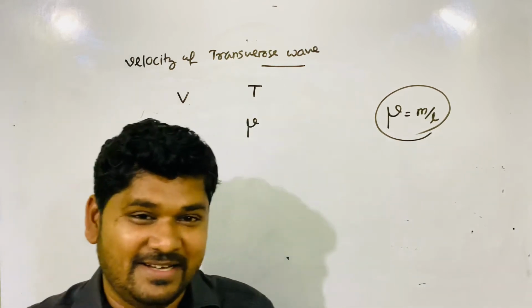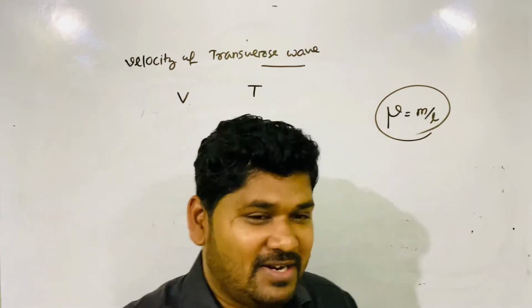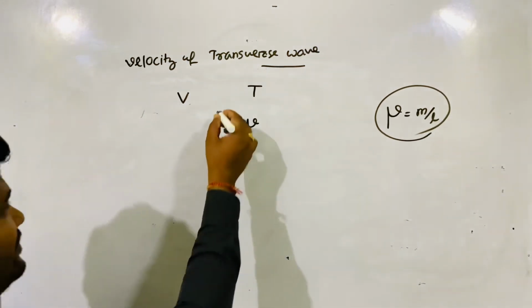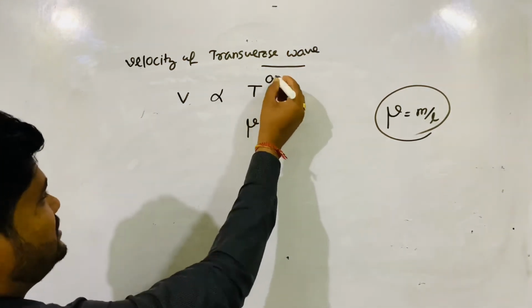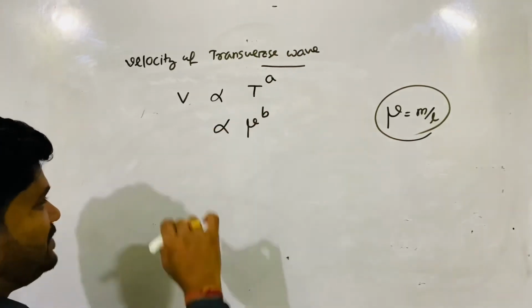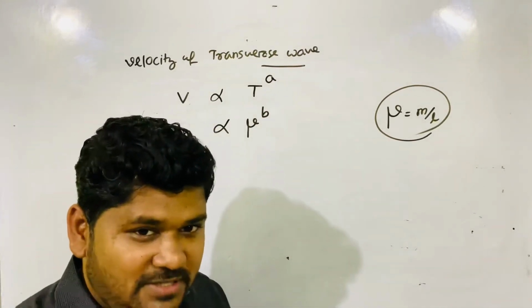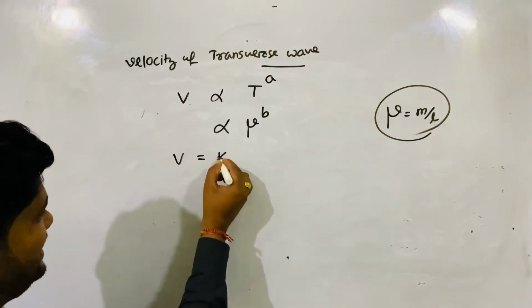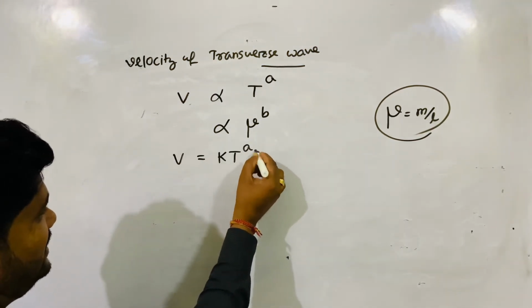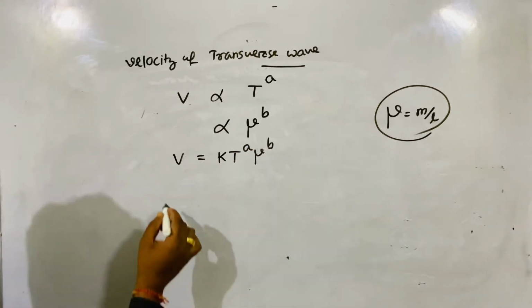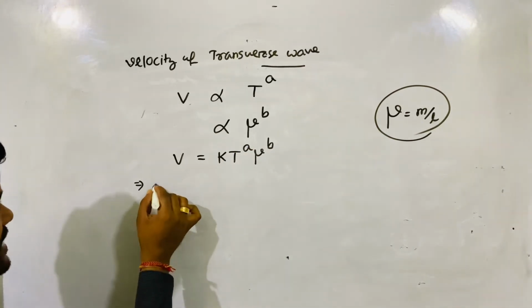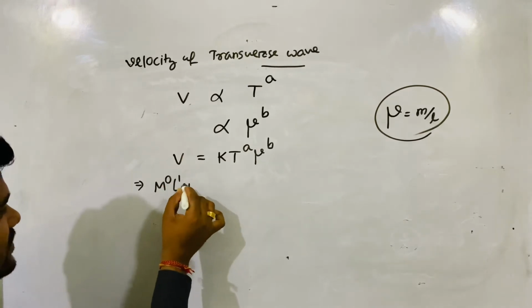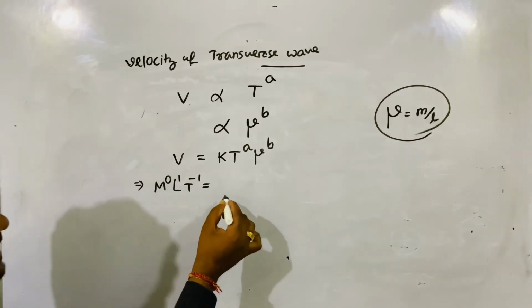Now you check whether you have done correctly or not. I am doing it. Velocity is proportional to T to the power a, proportional to mu to the power b. Then one constant k: v = k T^a mu^b. Then you write the dimensions on both sides. M^0 L^1 T^-1. K is dimensionless.